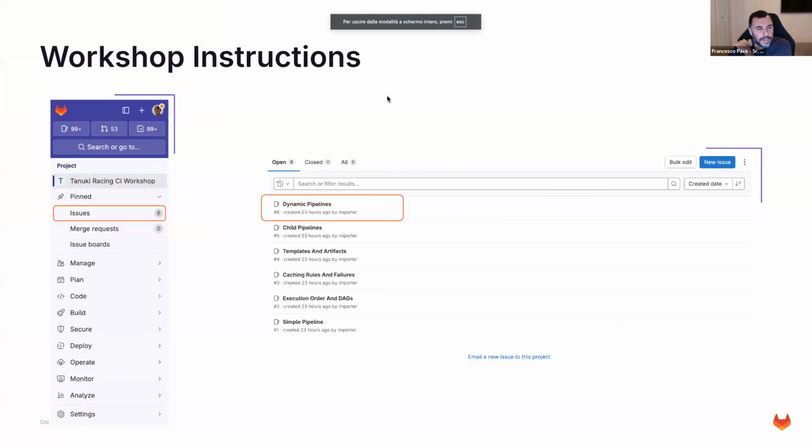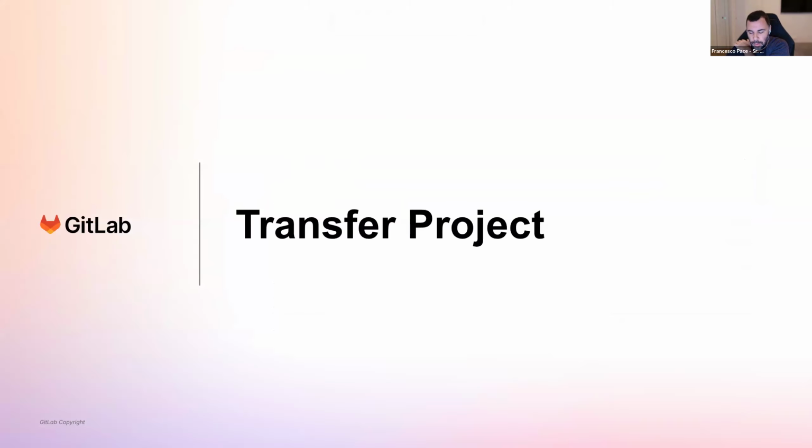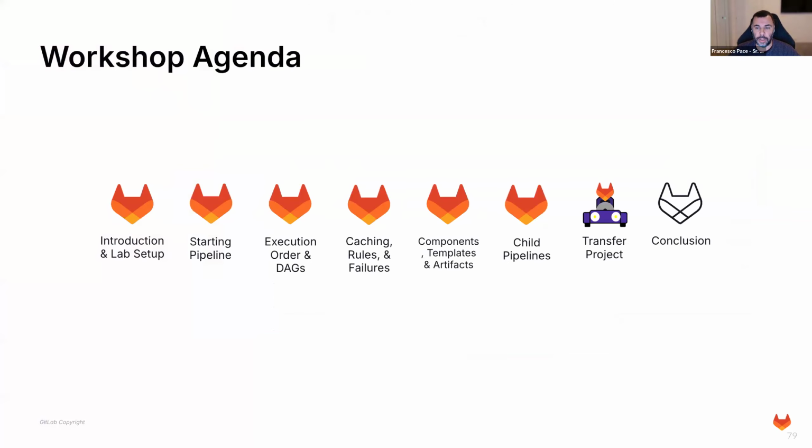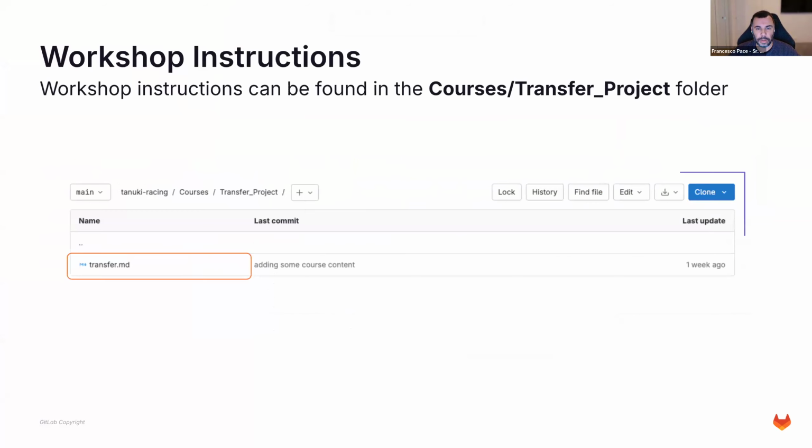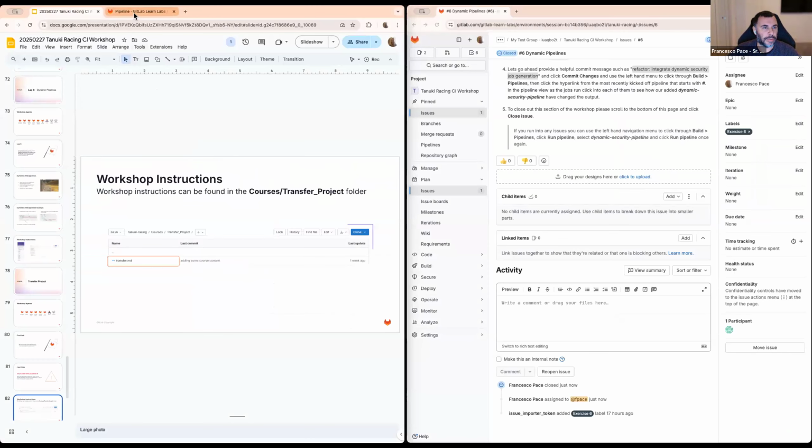So with this exercise, we end our workshop. And if you want to transfer the project that you are using in your sandbox, you can find the instructions under the courses transfer project folder. Let's see together.